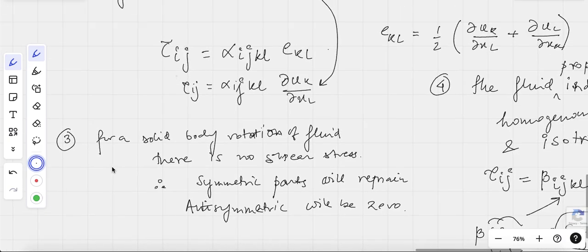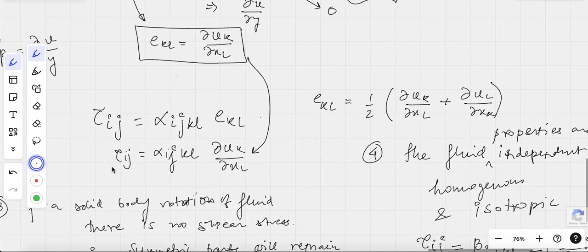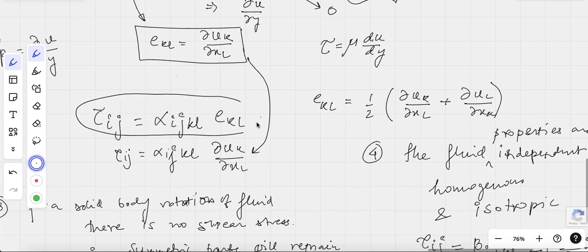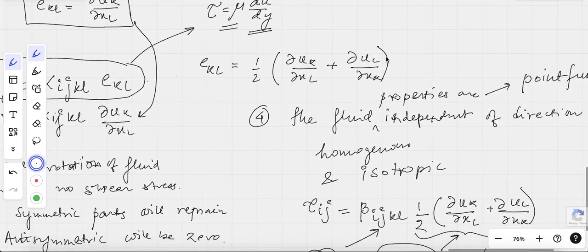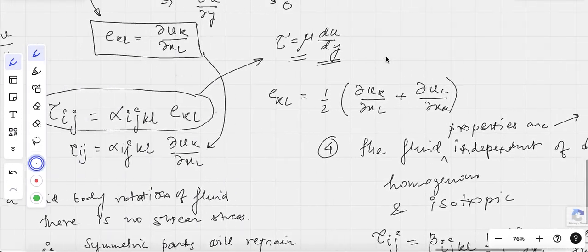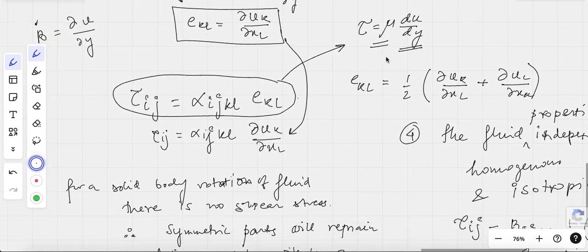These are for Newtonian fluids. We know that for Newtonian fluids, tau is mu du by dy, right? But this is the general form of Newtonian fluids. A more simplified version is this, but this is the only viscosity term. This is the strain. Now, why are we doing this simplification?